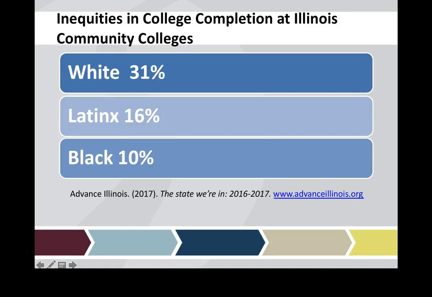There are major inequities across race at Illinois community colleges. Graduation rates at two-year colleges include students who earned either an associate's degree or another degree or certificate that can be completed in 2 years or less. It is important to note that completion does not include transfers who go on to graduate at other institutions.